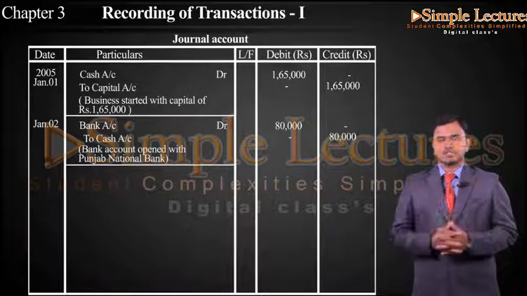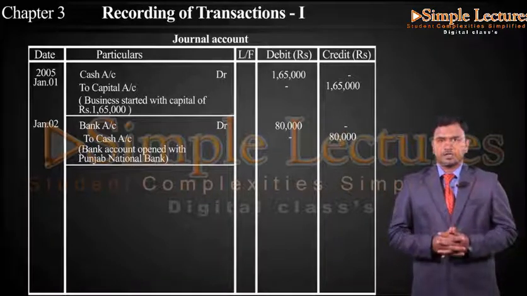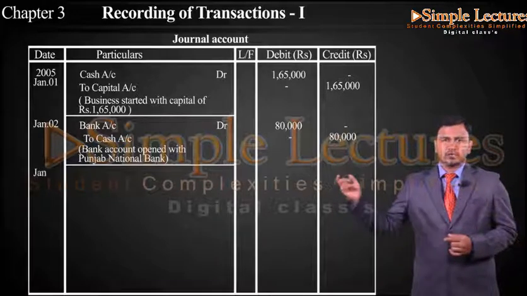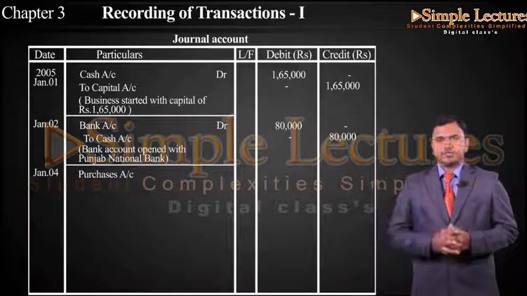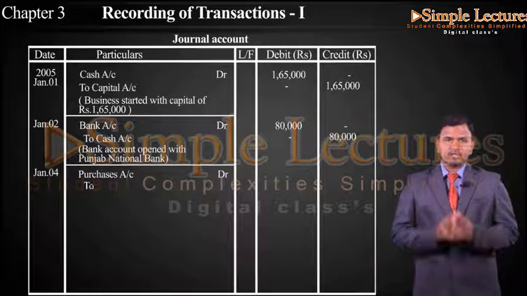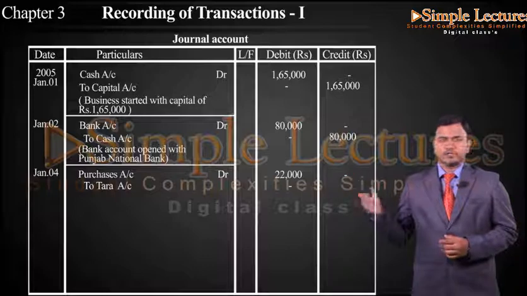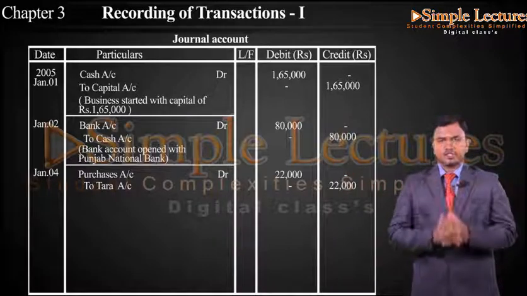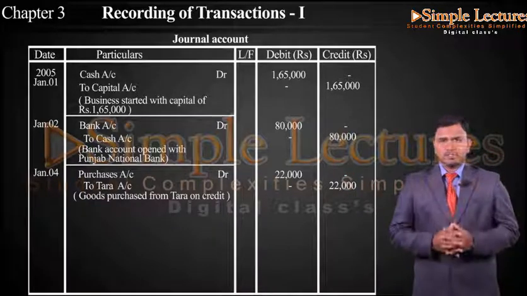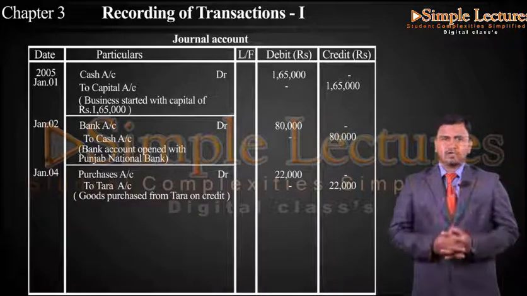It means that the purchase was done on credit. Let us take in the journal account. The date is Jan 4th and the entry will be purchases account debtor to Tara account, 22,000 debit and 22,000 credit. Narration: being goods purchased from Tara on credit.